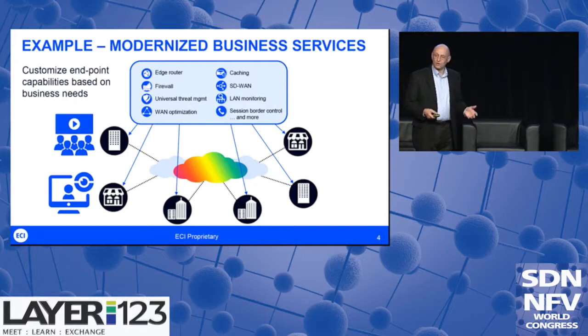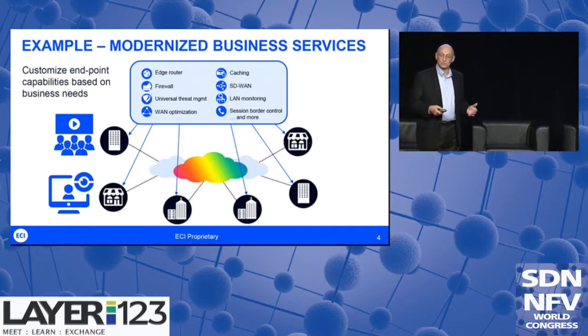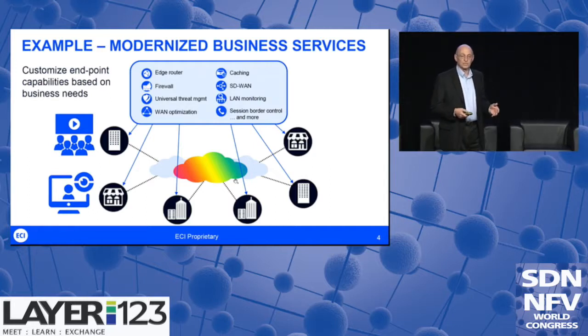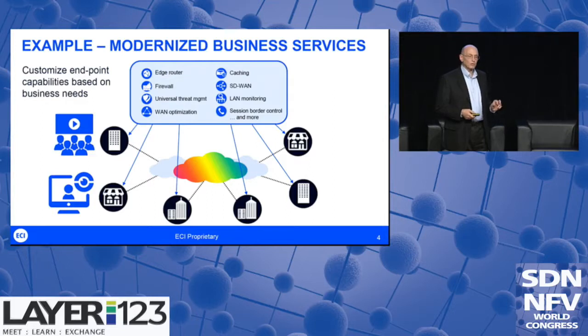So whether it's firewalls, universal threat management systems, management of your WAN, even management of your internal LAN, these are the kinds of services that today we put under the umbrella of technologies such as virtual CPE, or SD-WAN, depending on which space you're coming from. But these are probably one of the few areas where we're actually starting to get a little more dynamism within the network today.